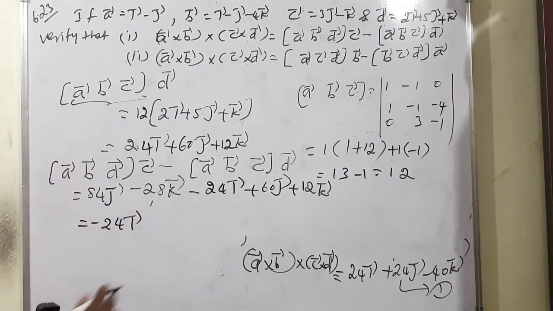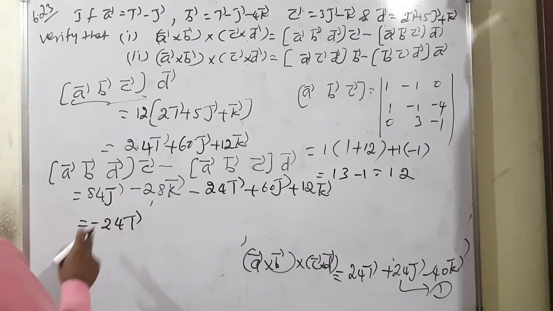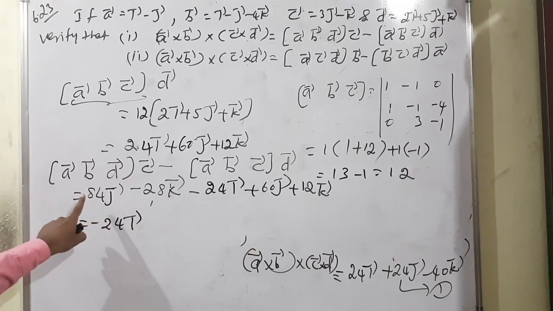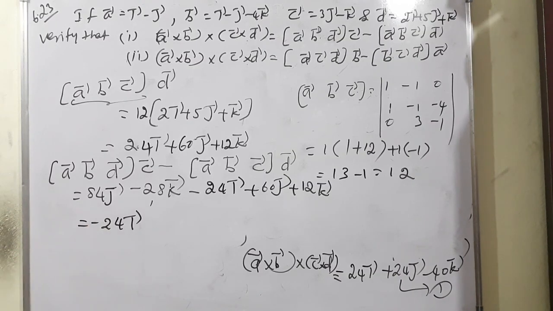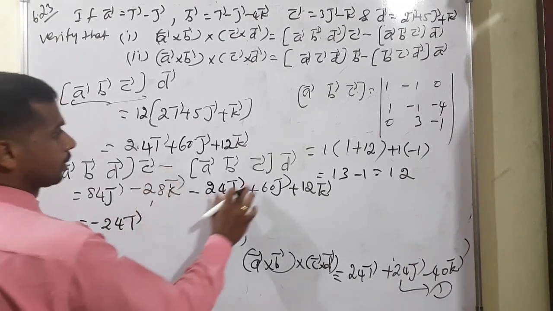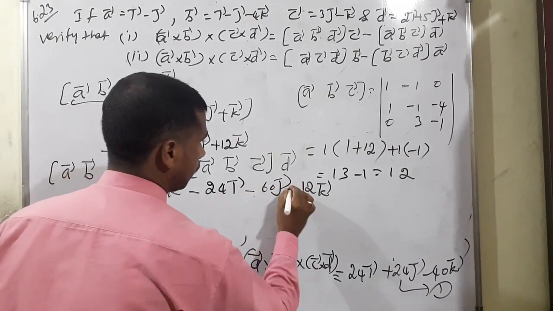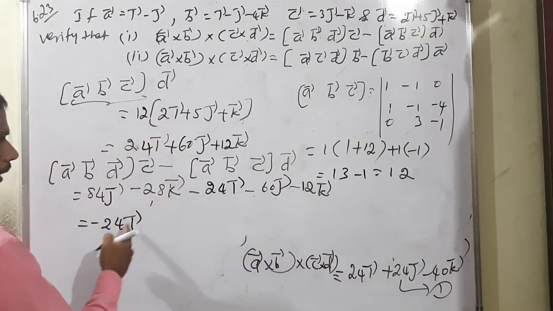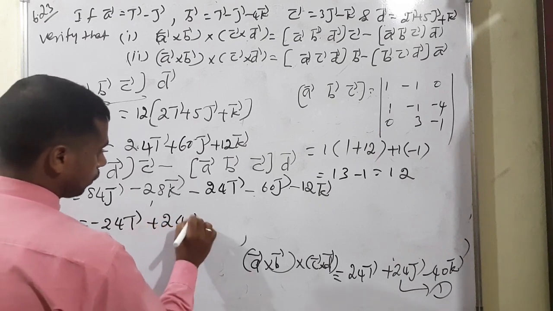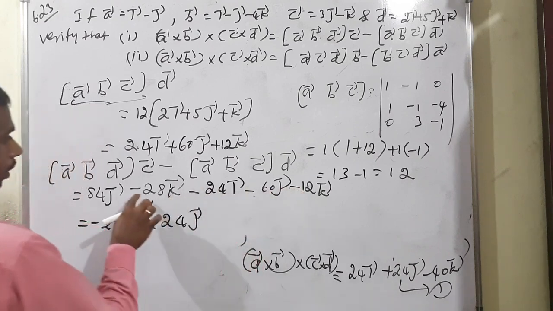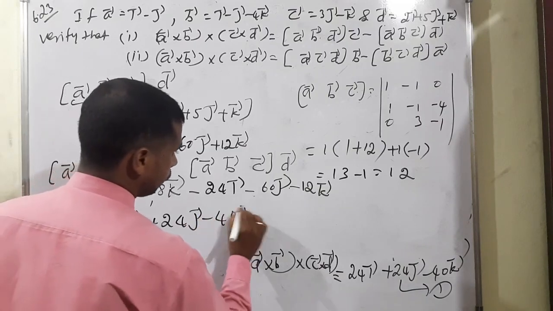The next condition, minus 60 plus 84, look at there, dear. In the center there is the minus sign, so here also minus, then here also minus. Now minus 24i, then minus 60 plus 84 means positive 24j, then minus 12k minus 28 means minus 40k vector.